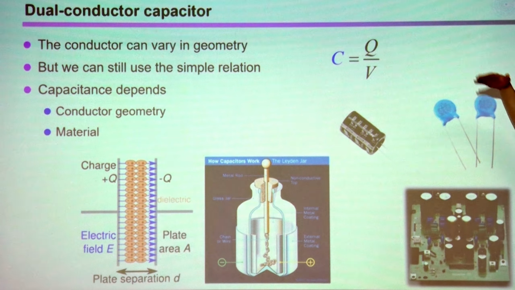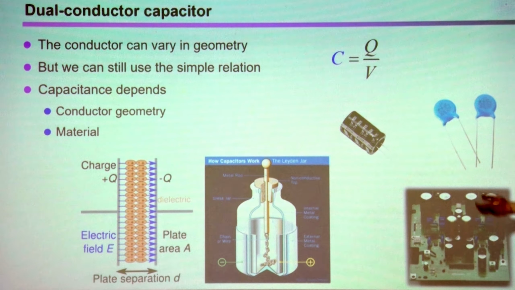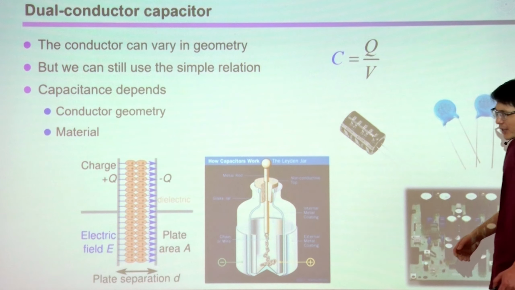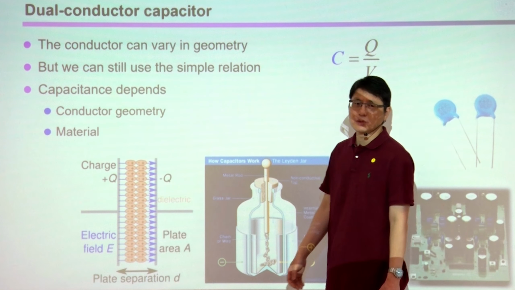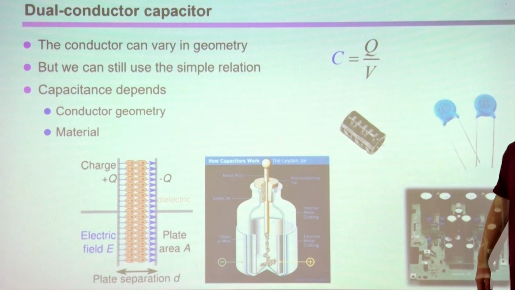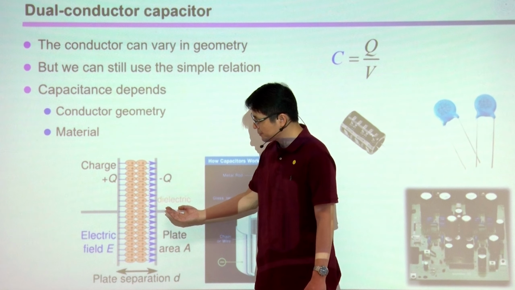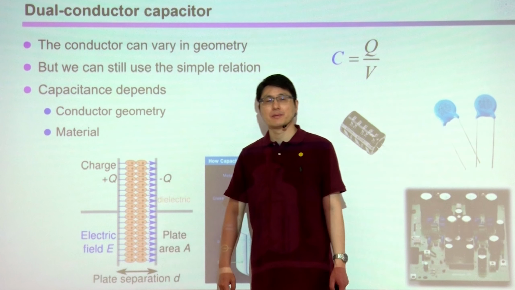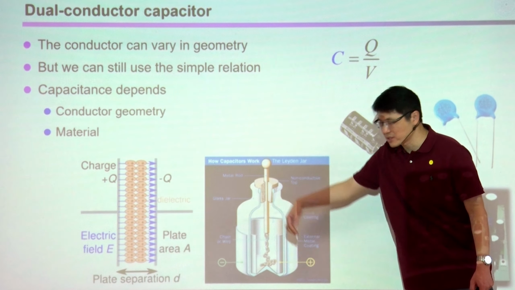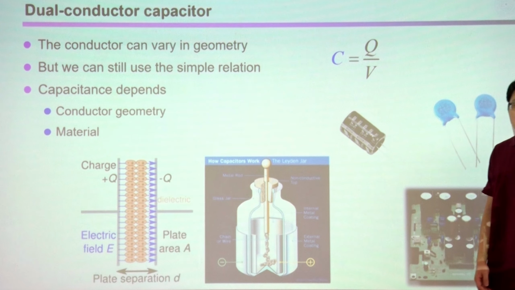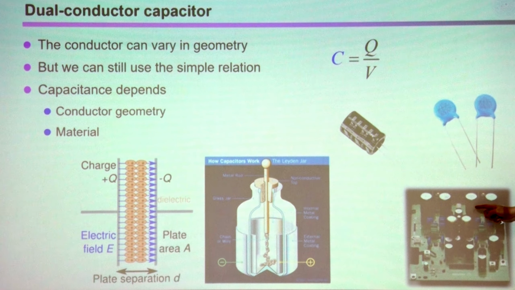Alright, so we've taken care of the single capacitor, a single conductor capacitor. In our daily lives, usually capacitors are made with multiple or dual conductors. The easiest one, which we will analyze later, is having 2 parallel plates of conductors. But there are capacitors molded in different geometries. If you open up your motherboard for your PC, you can see a lot of these guys.